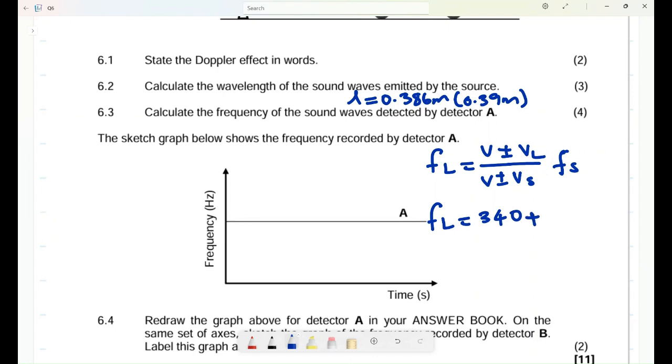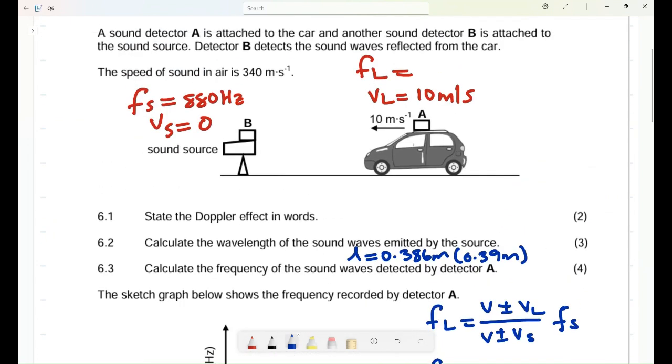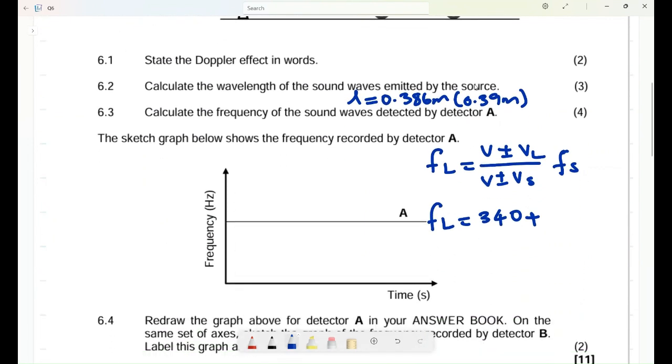Why am I saying plus? Because it is moving towards the sound source, so we use plus at the numerator, plus the velocity of the listener, which is 10. Then at the bottom it is 340 minus 0, multiplied by 880 hertz.